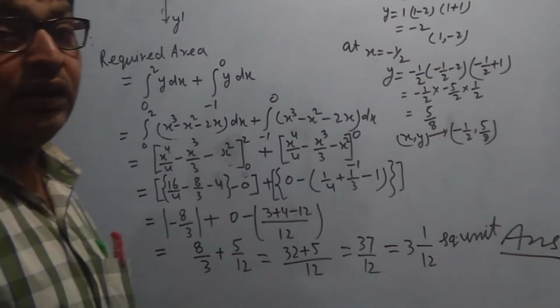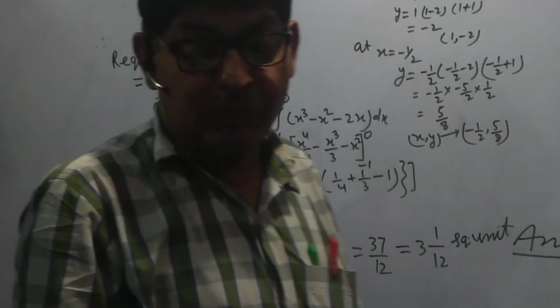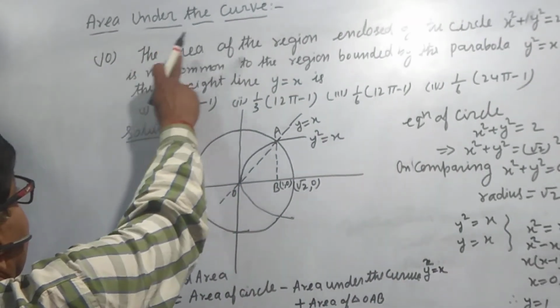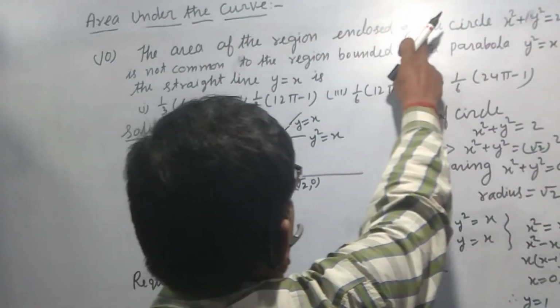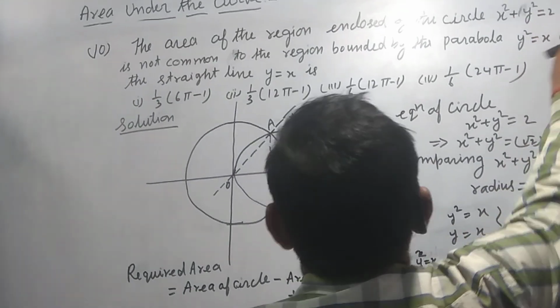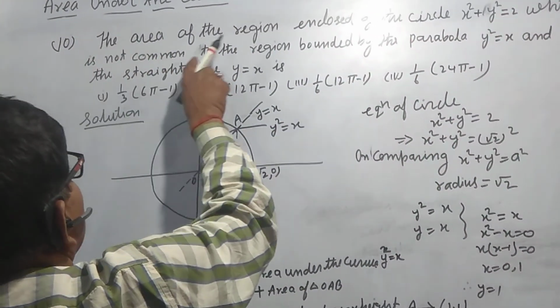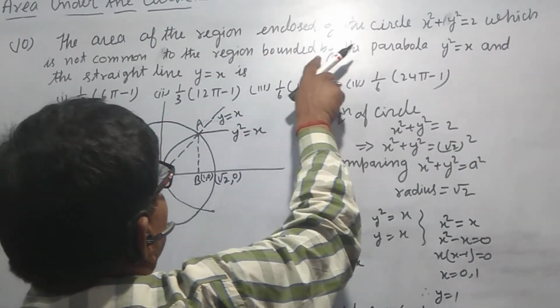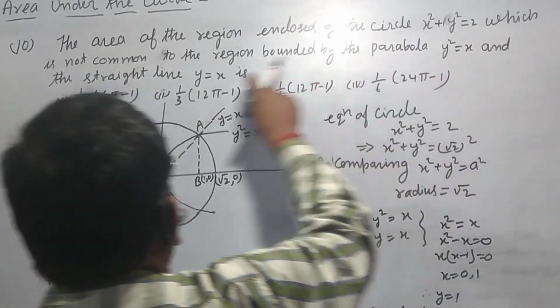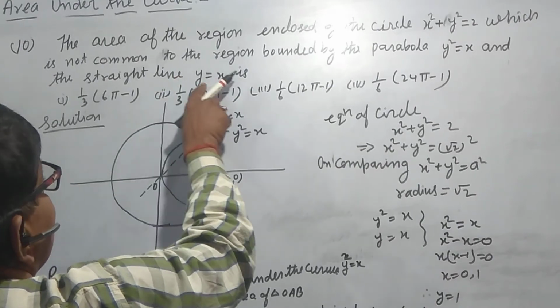Now we take another example. Question number 10: the area of the region enclosed by the circle x square plus y square equal to 2, which is not common to the region bounded by the parabola y square equal to x and the straight line y equal to x.